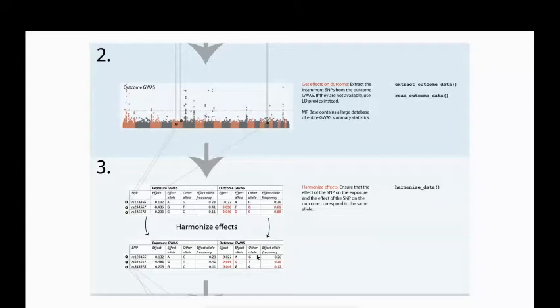I'll go through that in more detail when we actually do the calculations. When we do these in packages in R, it happens automatically, but I think it's important to realize that we need to harmonize to make sure that the effect allele is matched between the exposure and the outcome data.